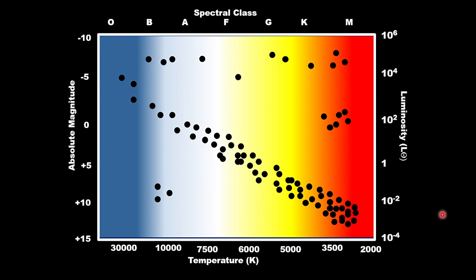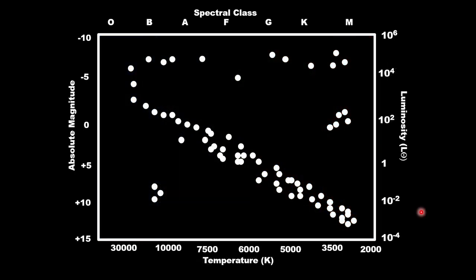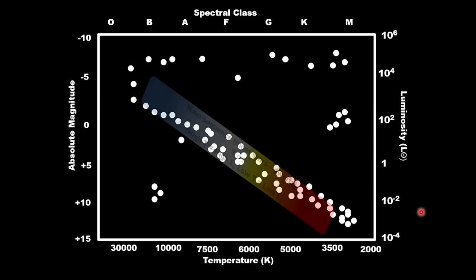In fact, once we've plotted a whole lot of stars, we discover that they're basically different regions on the HR diagram. There's this region here, there's a region over here, there's a whole band across the top here, and then we have this group of stars way down here that are high temperature but low luminosity. So astronomers have named each of these regions.